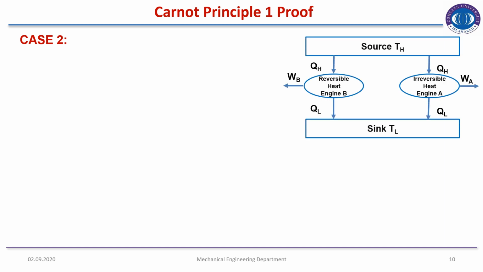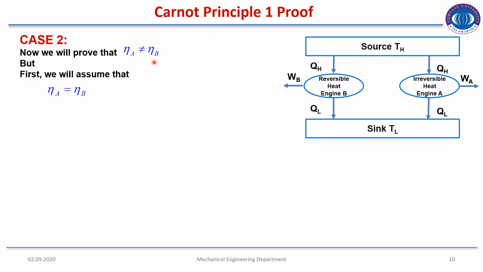Case 2. Now we will prove that efficiency of A is not equal to efficiency of B. To prove that, we first assume that efficiency of A is equal to efficiency of B. So first we will assume and then we will prove that assumption wrong.